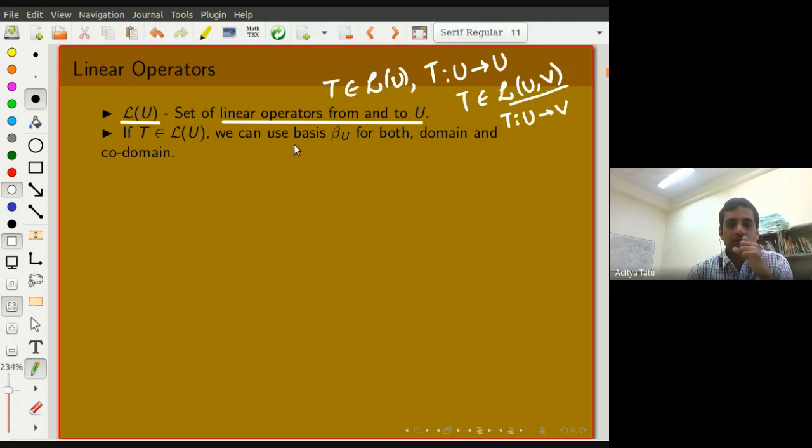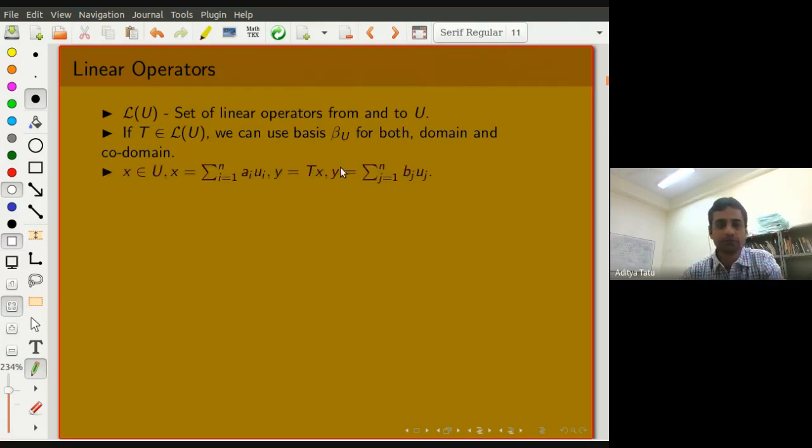Okay, so compared to what we did in the previous slide, if T maps the domain vector space U to itself, in that case, both for the domain and codomain, we can use the same basis. Let's denote it by beta U or just beta. Then we have the same interrelationship. X, the element of the domain, can be written as a linear combination of U's. So can Y, which is the output of this linear operator.